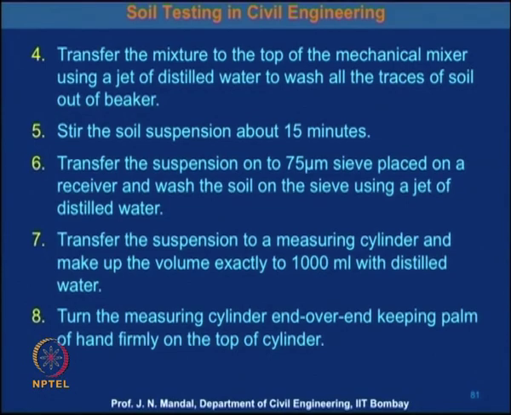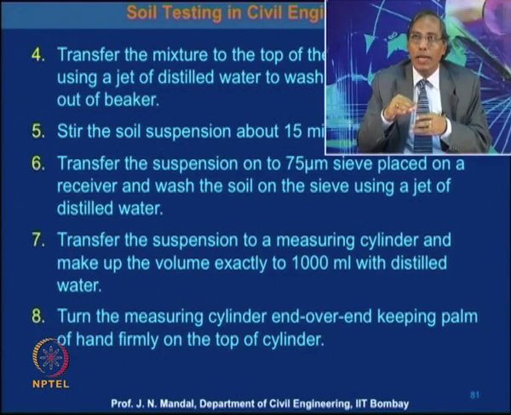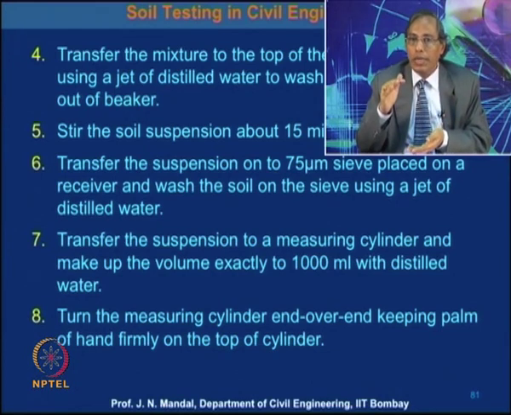Transfer the suspension onto a 70 micron sieve placed on a receiver and wash the soil on the sieve using a jet of distilled water. Transfer that suspension to a measuring cylinder and make up the volume exactly to 1000 milliliter with distilled water.